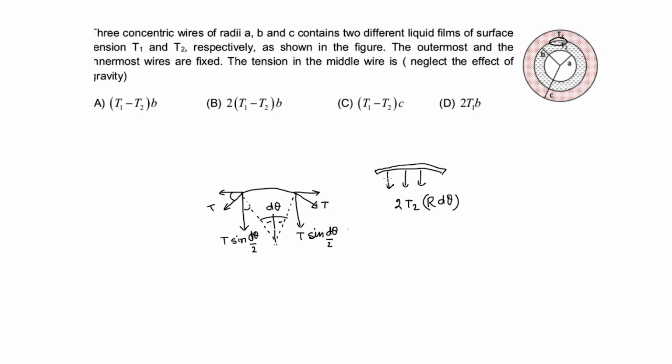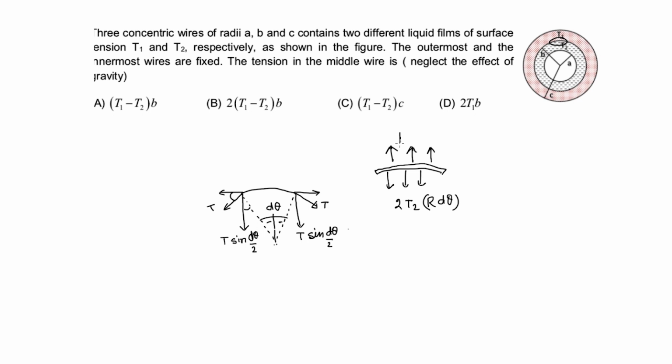And as a film, it is a soft film, so there are two free surfaces, two air-water interfaces. One is above the plane, one is below the plane, right? And similarly, there will be a surface tension force due to this red soft film that is shown in the outer part of the wire.